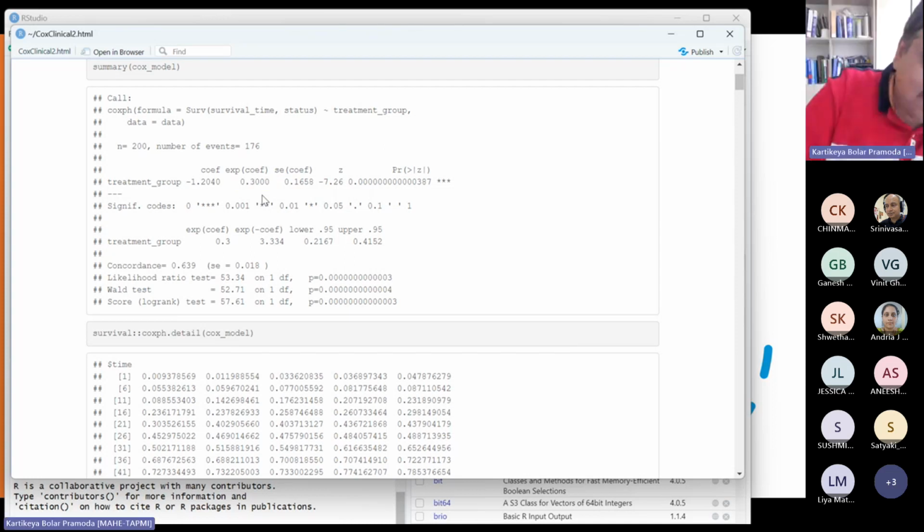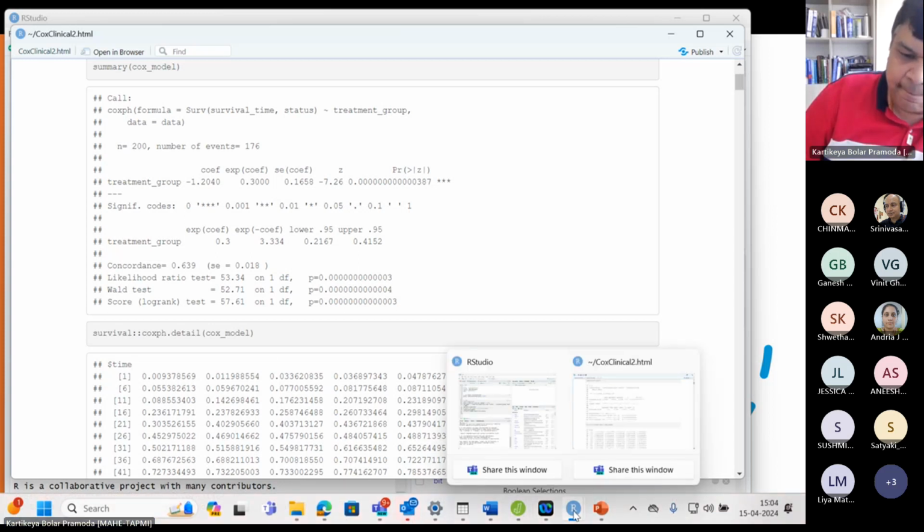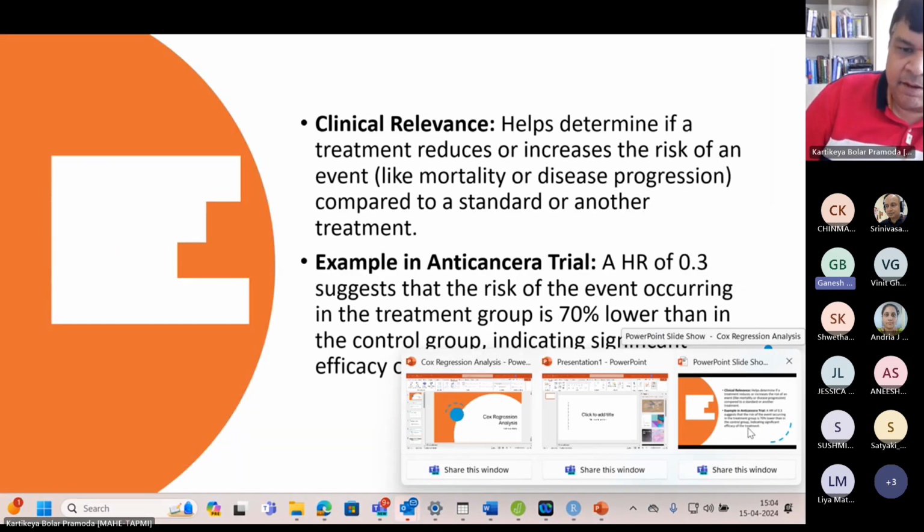Strictly speaking, you have to look at it from the hazard ratio point of view. The risk has been reduced to 0.3. From what number has it reduced to 0.3? How do we see that?